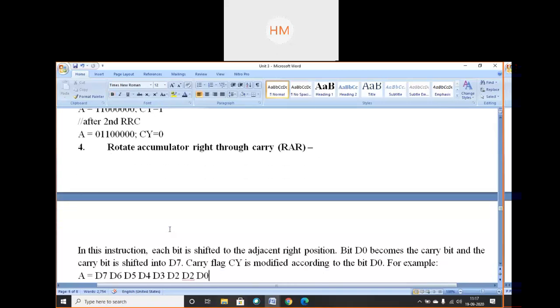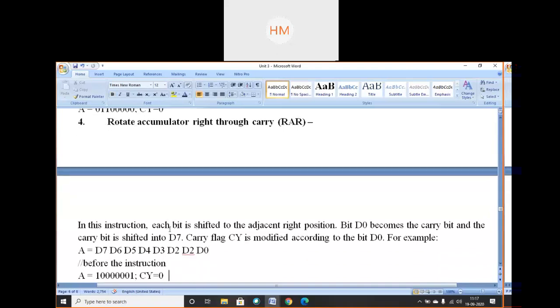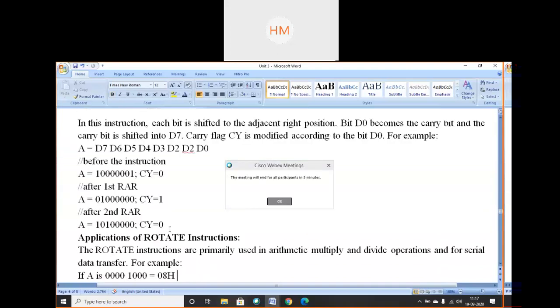Rotate accumulator right through carry. So don't get confused in these instructions.